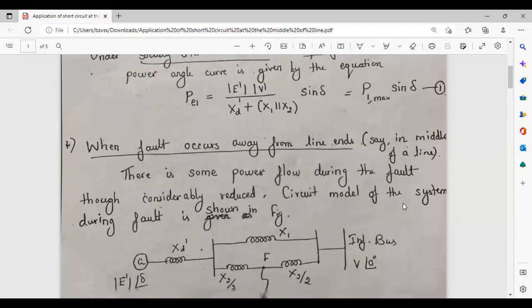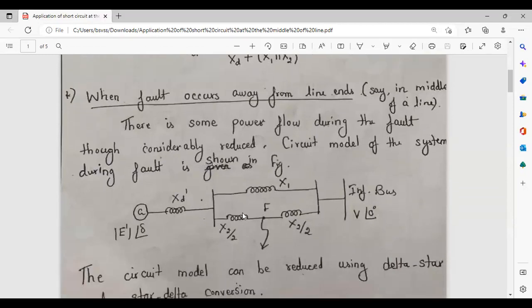And similarly, consider when the fault occurs away from the line ends. Here we can assume that the fault has occurred at the middle of the transmission line. So if the fault occurs at the middle of the transmission line, what is the change in the output power that we are going to calculate?